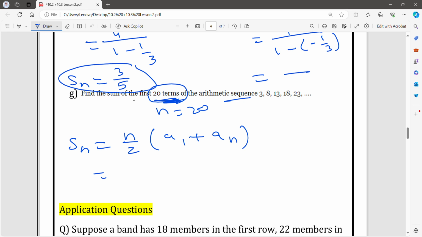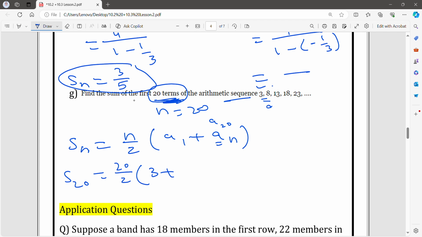So n is 20, and here it is 20 upon 2. a1 is 3 because the first term is 3. And now an means what? an means a20, right? Because n is 20. I don't know what the 20th term is, because they give us 5 terms and after that they say so on.